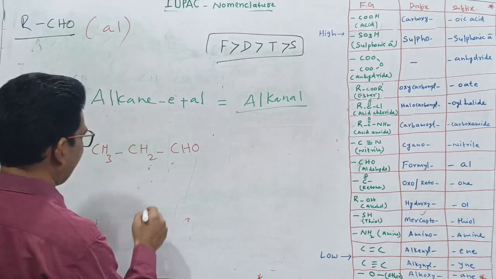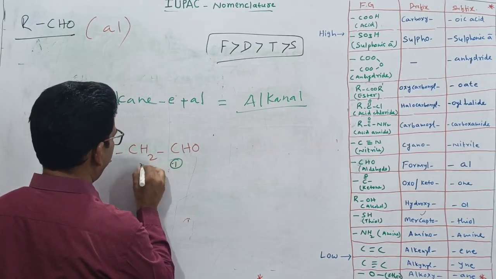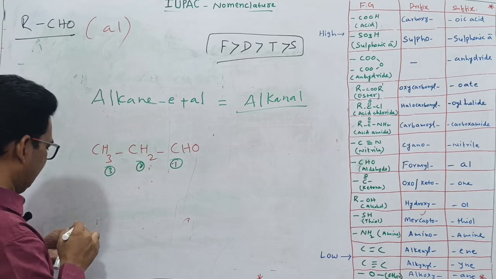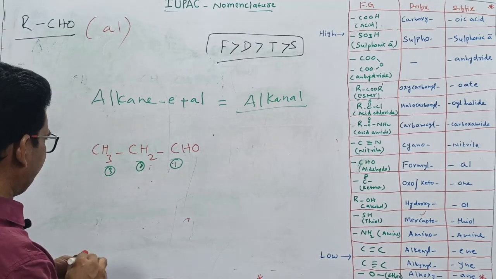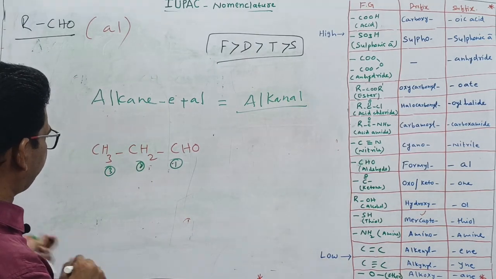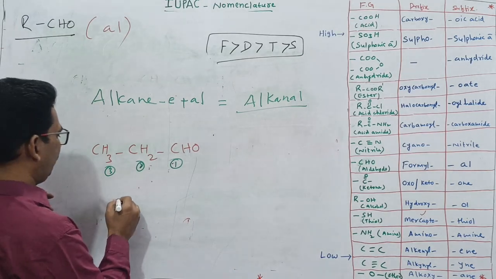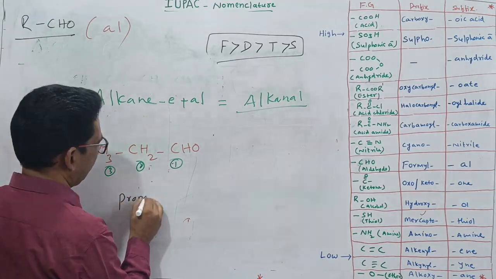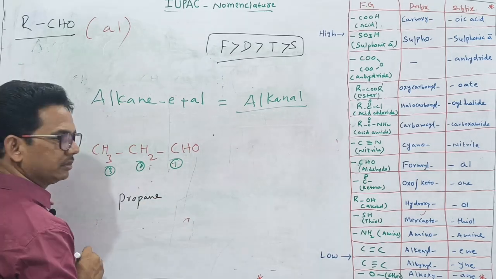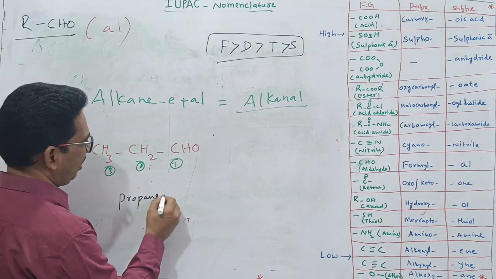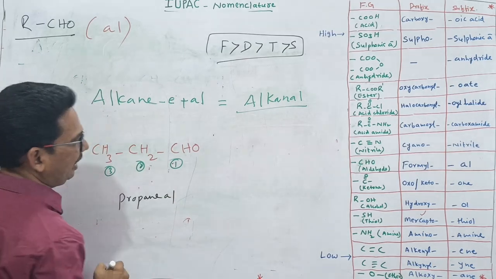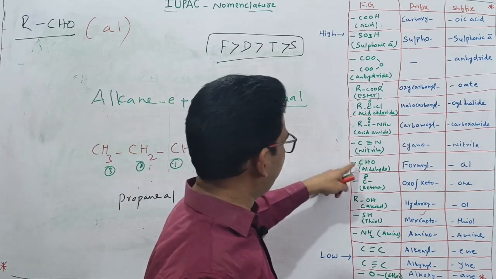When the functional group is there, we have to start numbering from here. 1, 2, 3. Then what is the word root for this one? There is no prefix, means no substitution. Word root is propane. Then what suffix will come? Al for the aldehyde. See, where is the aldehyde?